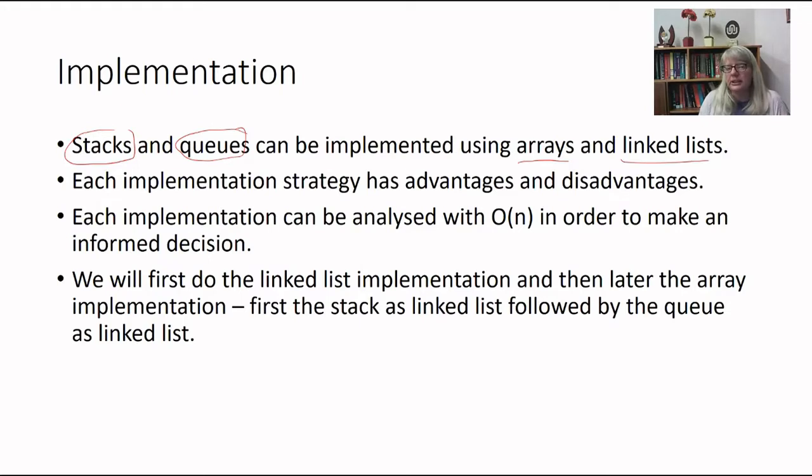So in this study unit, we are going to talk a lot about asymptotic analysis, order analysis. We will first do the linked list implementation, since linked lists are now fresh in your memory, and then we will do the array implementation. So we are going to start with a stack and then follow with a queue.